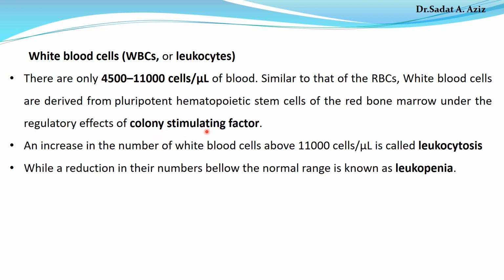If you remember, when we explained the process of hematopoiesis, we said we have different types of hormones or signals. Each of these signals is responsible for stimulating the pluripotent hematopoietic stem cells to become red blood cell, white blood cell, or platelet.